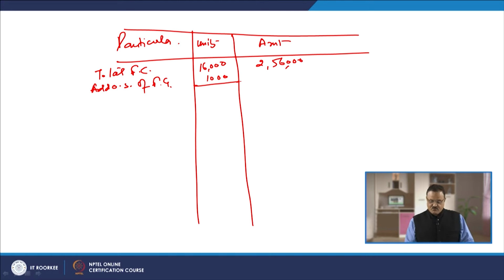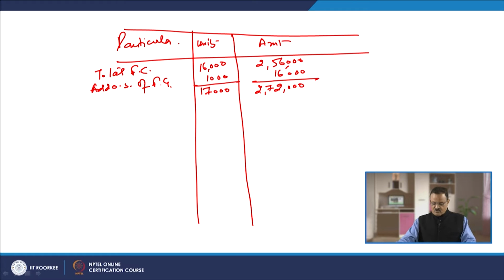So, the total number of units became how much? 17,000. And what was the cost of that 1,000 opening stock? That was again 16,000. So, we are putting here the cost of opening stock as 16,000. And what does the total value become? This total value becomes 2,72,000 rupees. This is the opening stock of the finished goods.